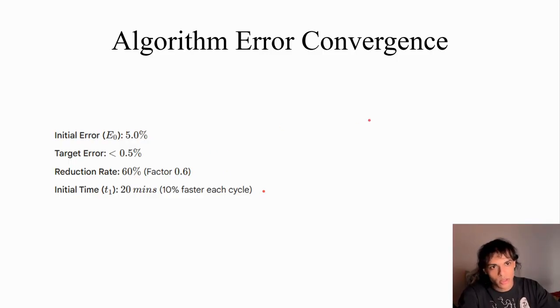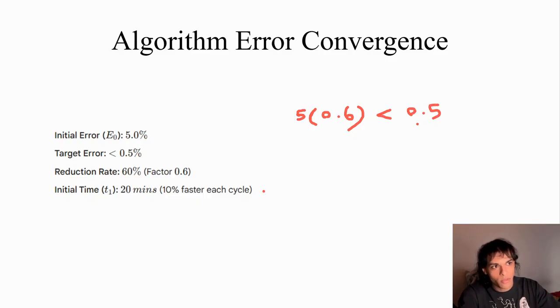So this can help us formulate a formula. We know the initial error, we know the target, and we know the factor we're decreasing by, right? So the initial is 5%, and we're going down by 60%, but we don't know how many times we are going to go down until we reach a value that needs to be less than 0.5.